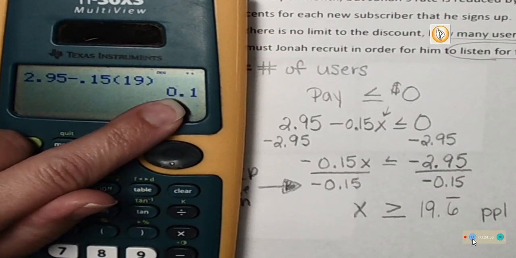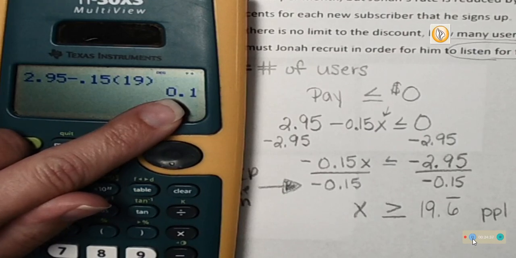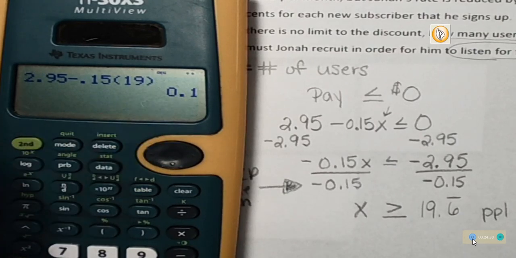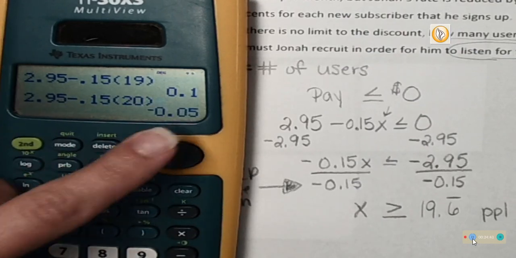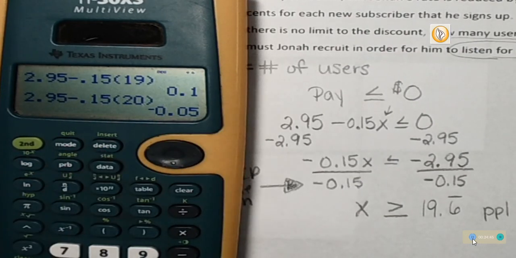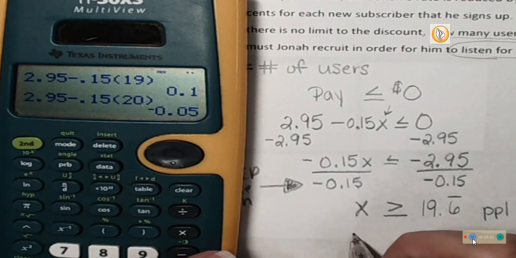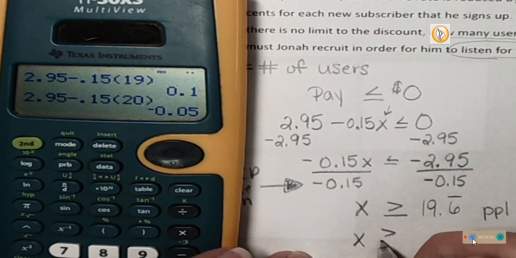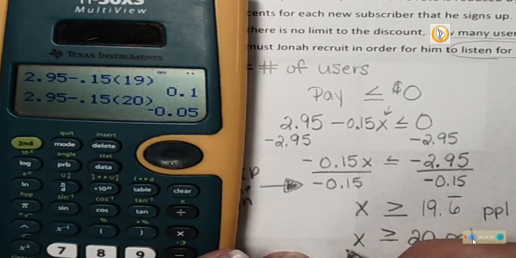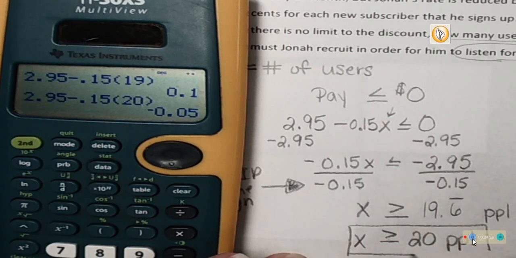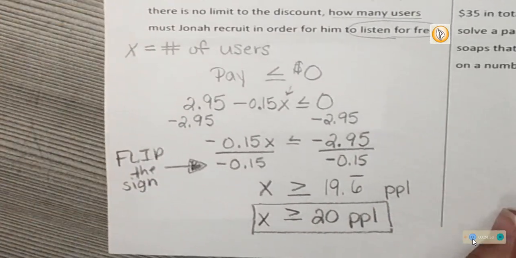He's still going to have to pay 10 cents. 10 cents is cheap, but is that free? So he needs to get that 20th person because now they owe him 5 cents. So common sense logic tells us he's got to get greater than or equal to 20 people to sign up if he wants to get that month for free.